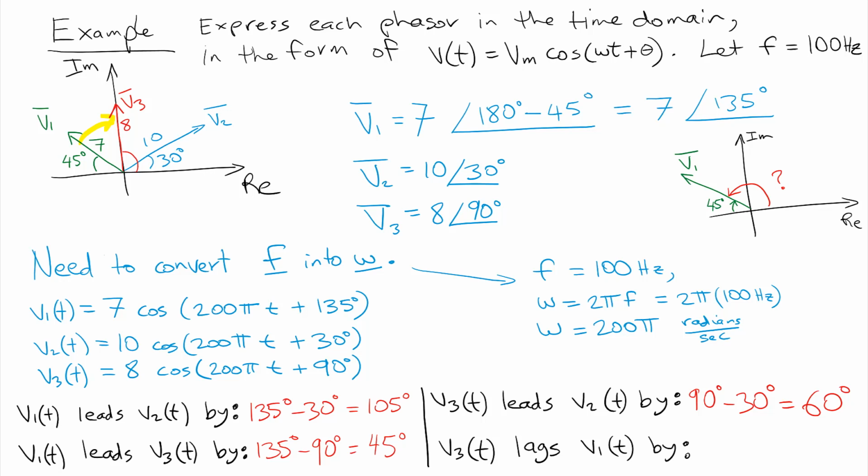We know that V1 is at 135 degrees, minus 90 degrees is going to be equal to 45 degrees. So that's a little bit of summary about phase relationships between sinusoids, and a little bit of translating between phasor and time domain forms.